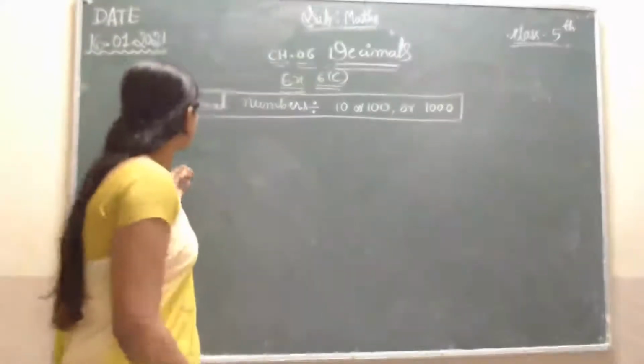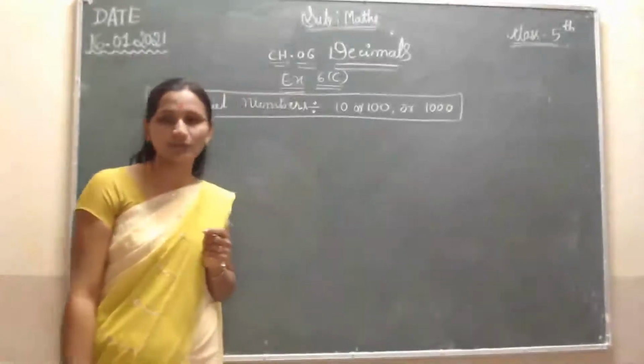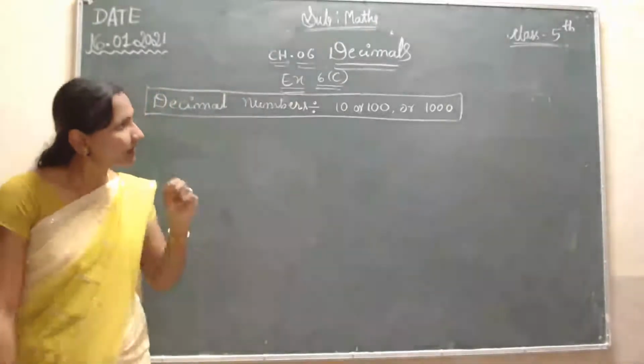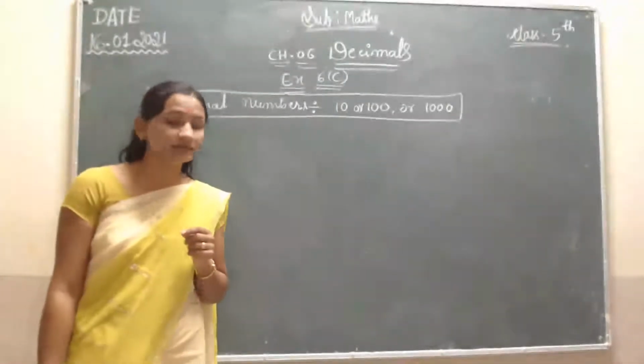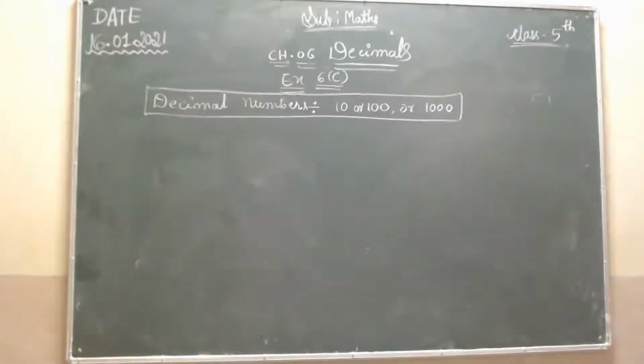Already you know the divide symbol. So when a decimal number is divided by 10, 100 or 1000, the decimal point will be shifted to the left side.